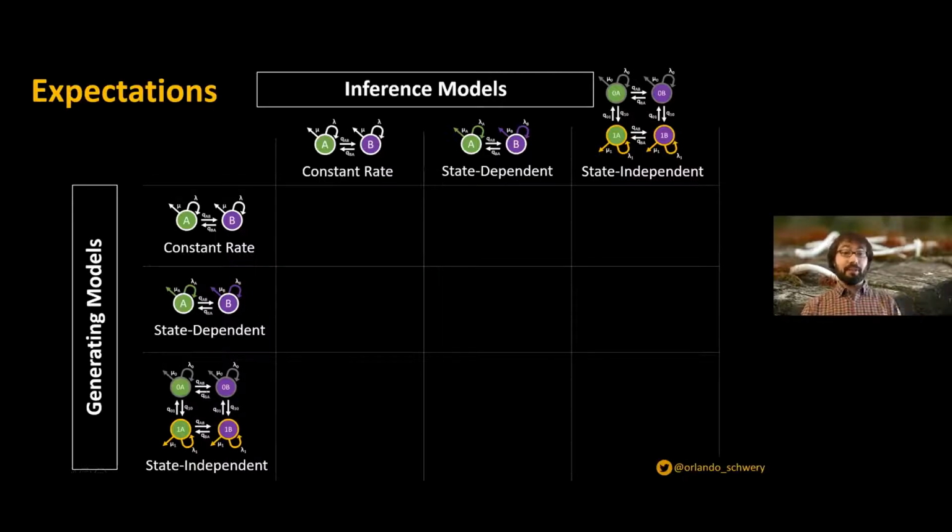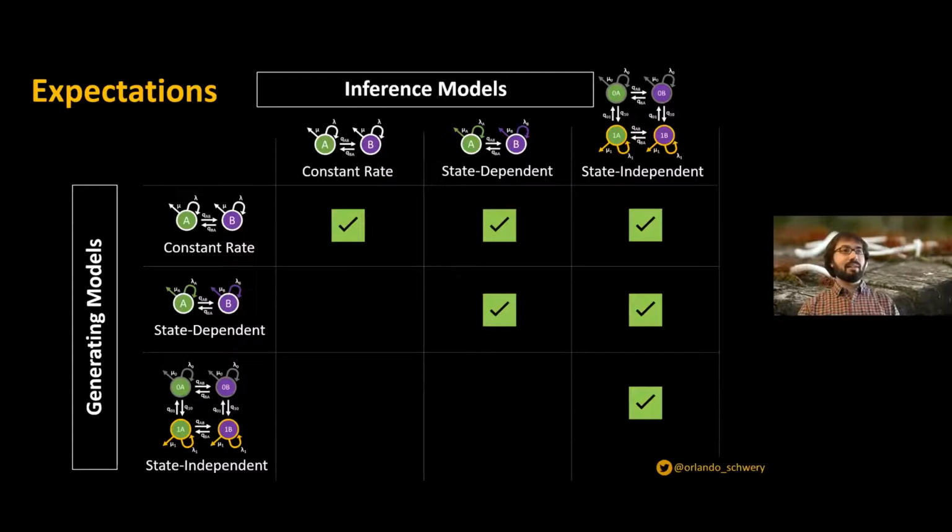What would we expect? So first off, hopefully, we would see that each model is adequate to analyze a tree that was simulated under that same model, right? Everything else would be a bit concerning.